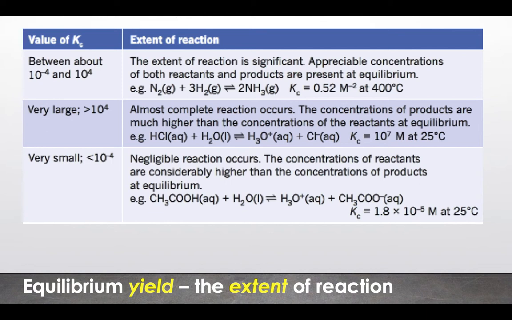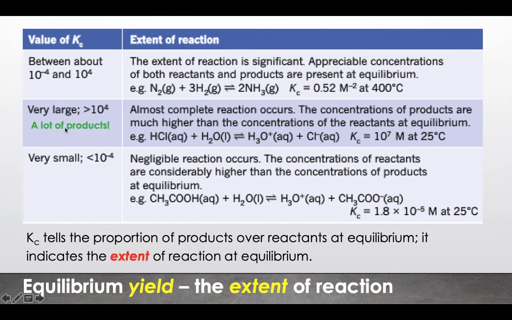So for example, we basically define that when Kc for a given reaction at a given temperature is larger than 10 to the power 4, your equilibrium mixture is going to have a lot of products. So in terms of industrial production, if products are what's desired, then this reaction is worth going ahead.